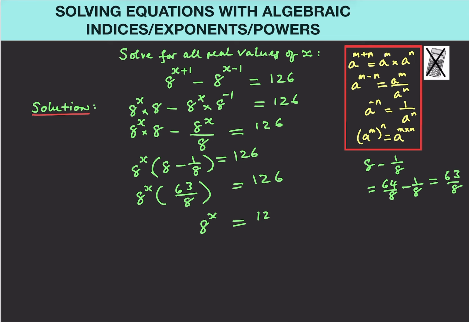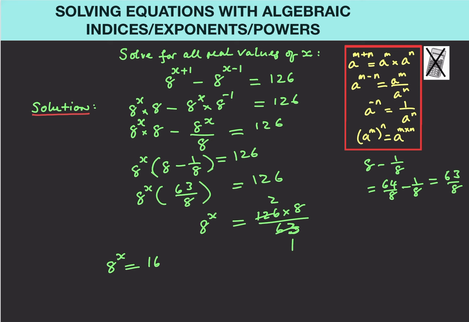But you'll end up with 126 times 8 over 63. And hopefully you will notice that 126 is twice 63. So let's put a 2 there, and a 1 here. So what's left? 8 to the power of x equals 2 times 8, which is 16.